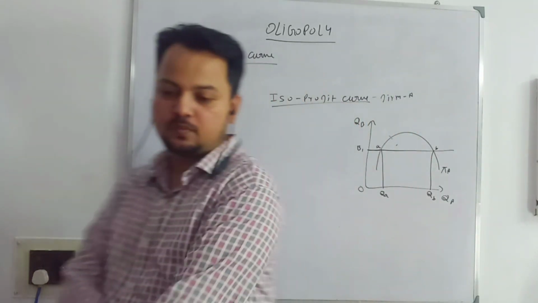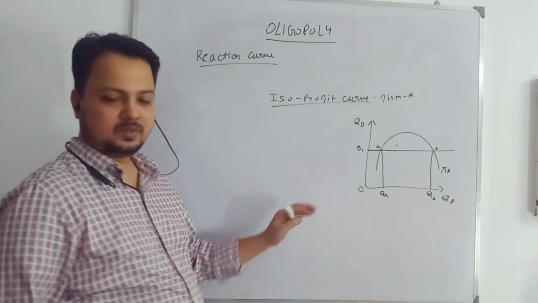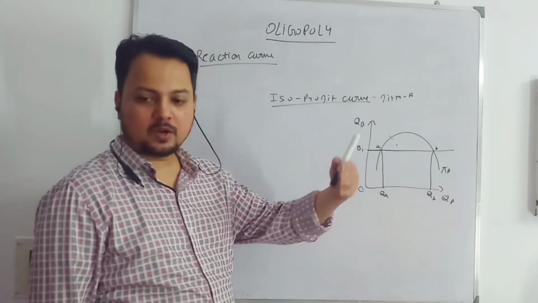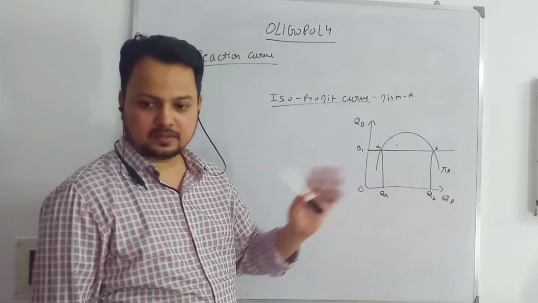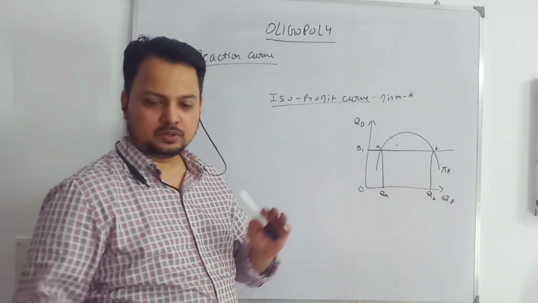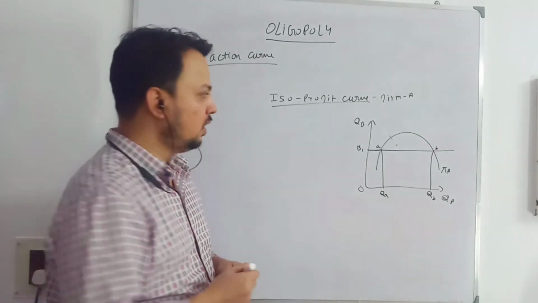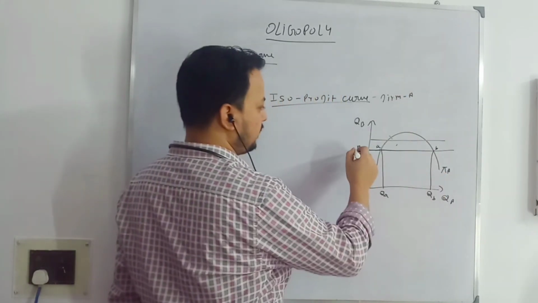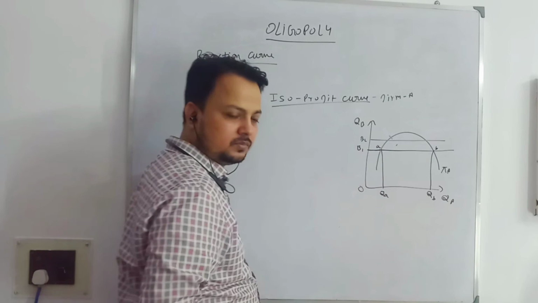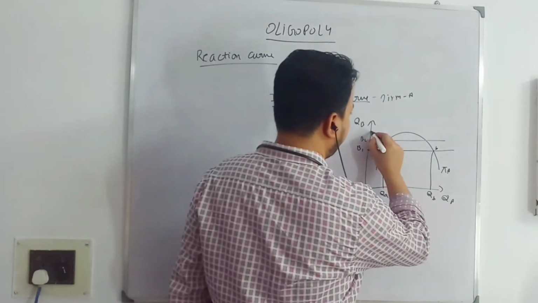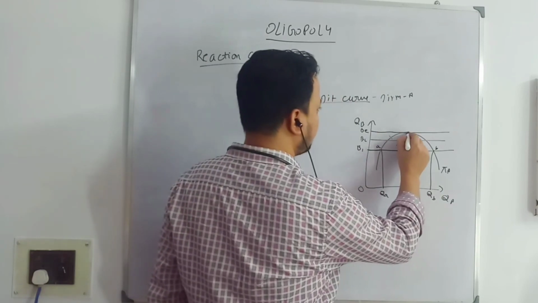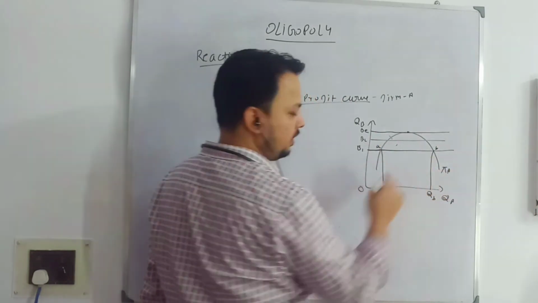For the given output level of firm B, why will firm B stay at B1? It wants to increase its output level if it can, right? Yes or no? There will be an adjustment mechanism. Firm B will keep increasing its output, say B1, B2, up to a point say BE, the highest point on this isoprofit curve.